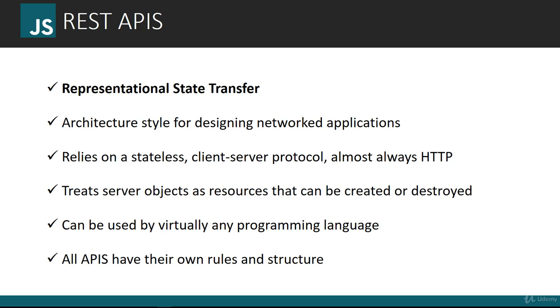Now, what makes REST so awesome is that since it operates using just HTTP requests and usually some standard like JSON, it can be used with virtually any programming language. So any language like JavaScript, PHP, Ruby, Ruby on Rails framework, Java, Python, all of these languages are perfectly capable of working with REST APIs.